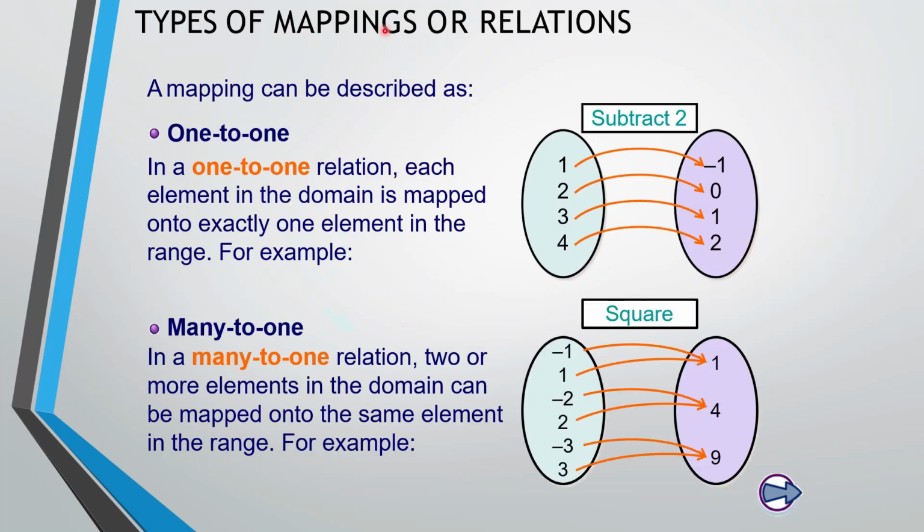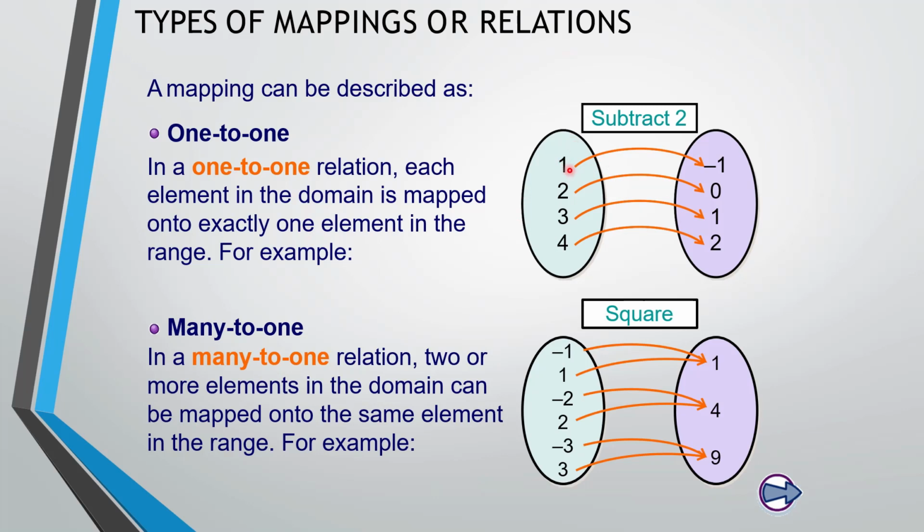Now we discuss types of mappings. There are four types. Number one is one to one. In a one to one relation, each element in the domain is mapped onto exactly one element in the range. In other words, every input has its unique and distinct output.